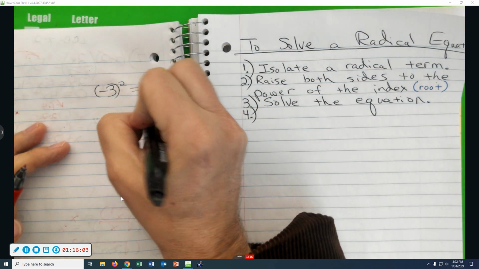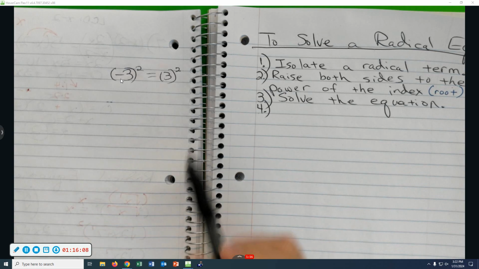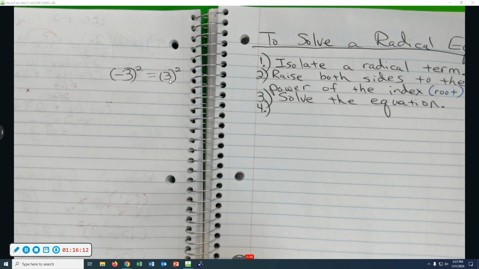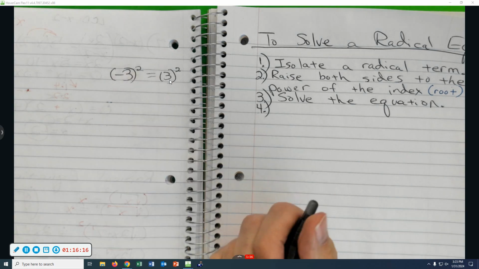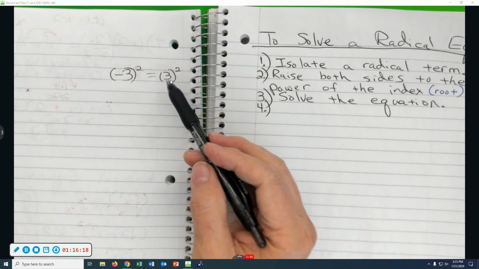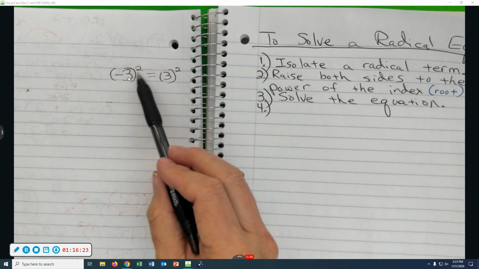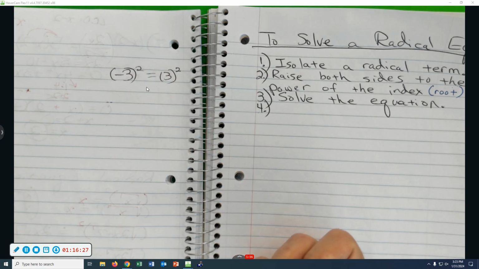Do y'all agree with this statement? Look at my scratch work. Do y'all agree that negative 3 squared is the same thing as positive 3 squared? Negative 3 times negative 3 is positive 9. Positive 3 times positive 3 is positive 9. So as long as you have that little square there, it's a true statement, correct?